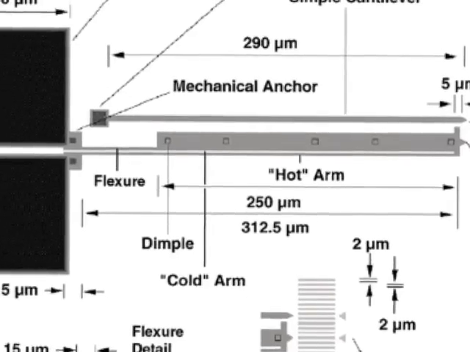You can see here's the, if I zoom in on it, here's the hot arm, and here's the cold arm. And notice they make this thin too, so this will heat up. Also makes it more flexible when it's hot. So it's a trick, right? It's a trick they use.